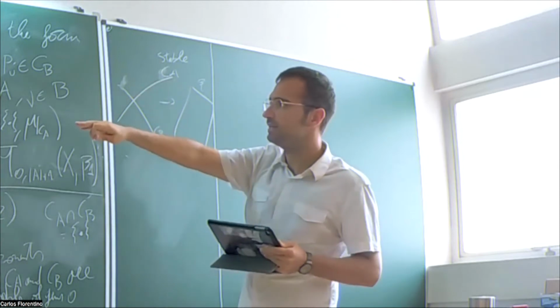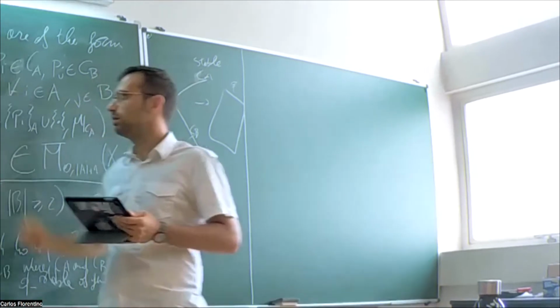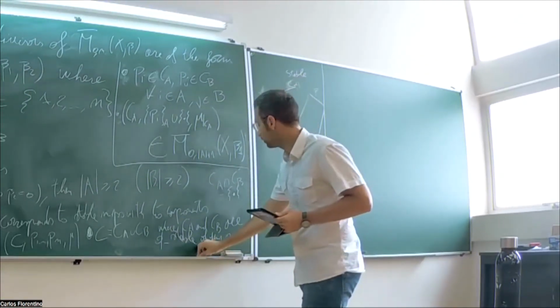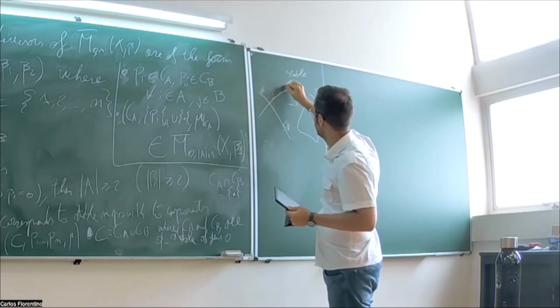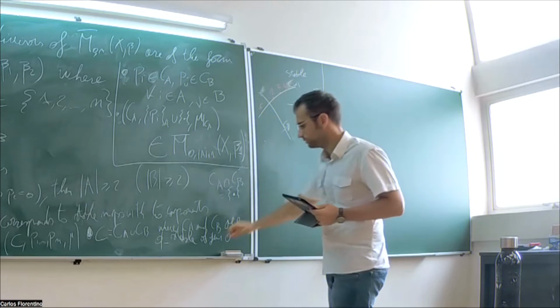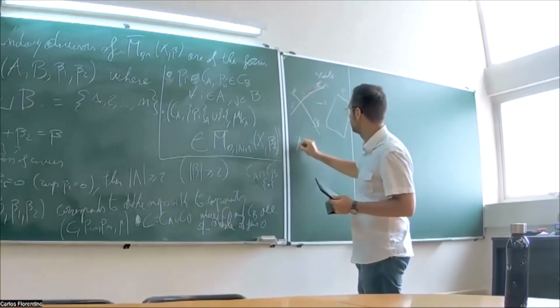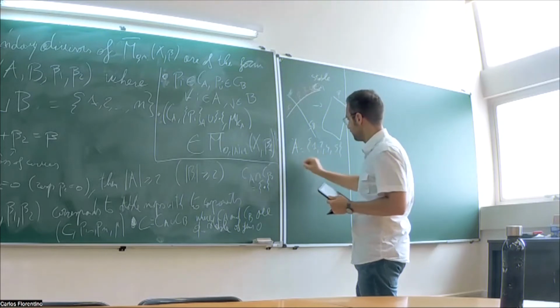where A is a set, eventually empty, of marks. So I have, for example, 1, 2, 4, 5. In beta, I have A is 1, 2, 4, 5.